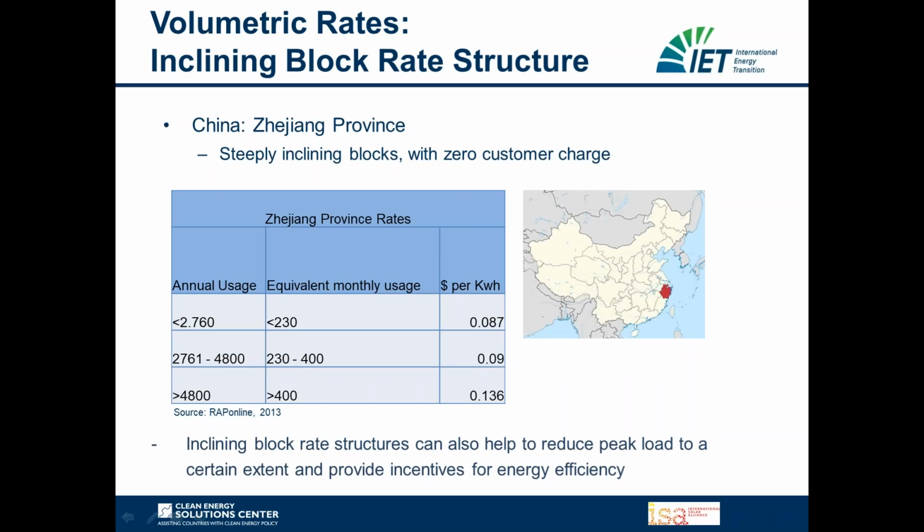And you can see here also from this graph that for the first 230 kilowatt hours of consumption per month, you pay a relatively low price, and as soon as you get over 400 kilowatt hours, then all of a sudden your electricity price gets a lot higher, almost twice as high.